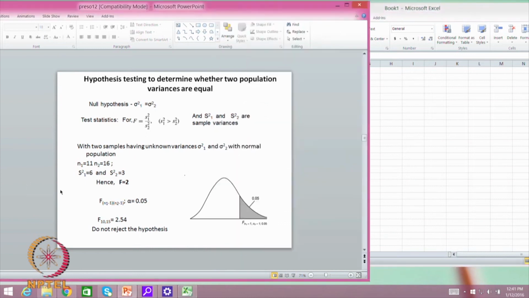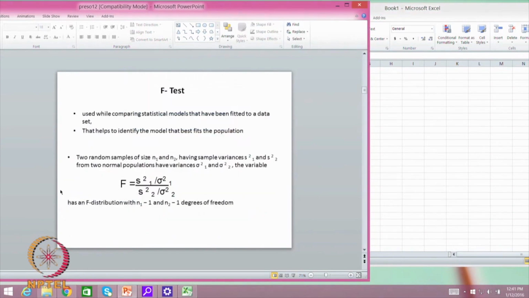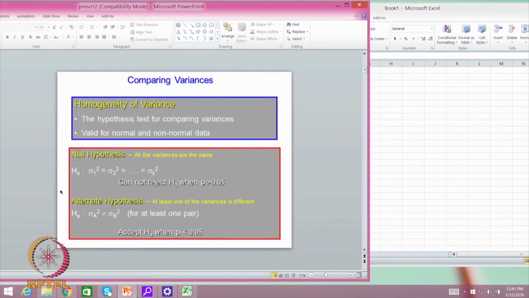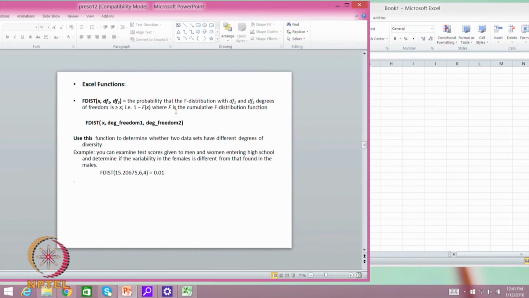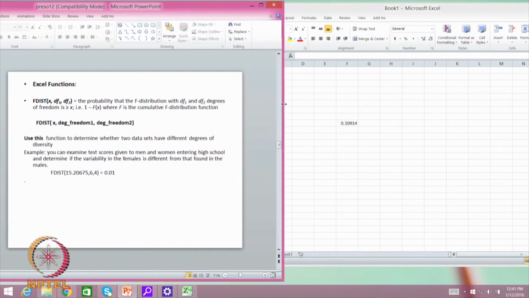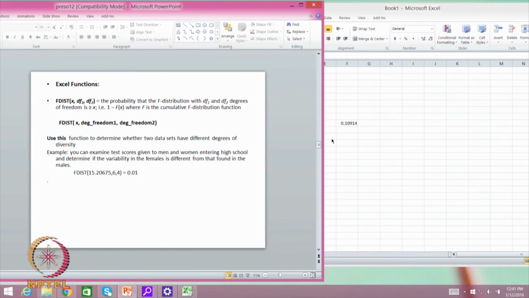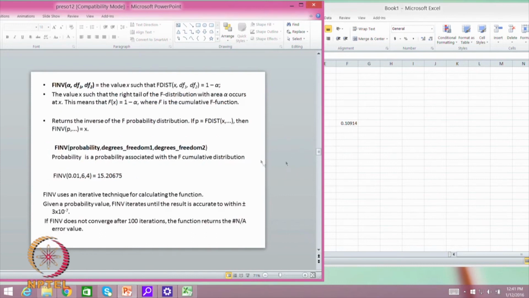That is what this F distribution gives. So, it gives you the probability value, the p value. Obviously, P is 0.109, which is very large, so obviously we do not reject the null hypothesis. So, this F dist function in Excel gives you the p value. Now, there is also an inverse, F inverse.